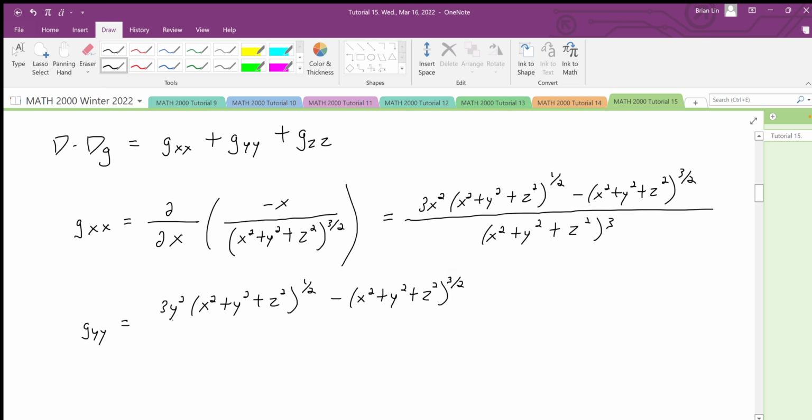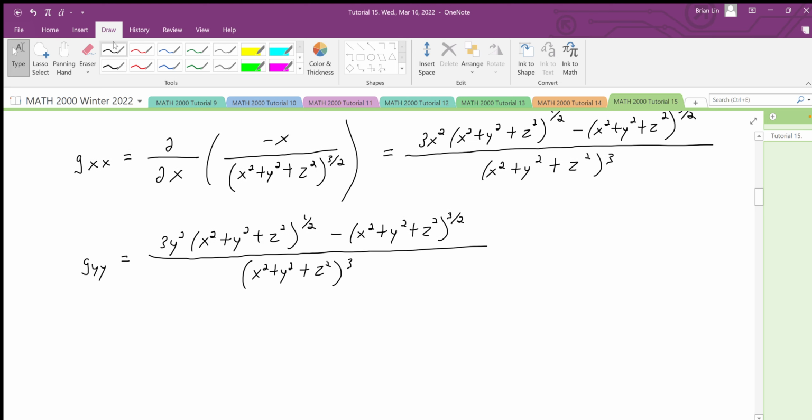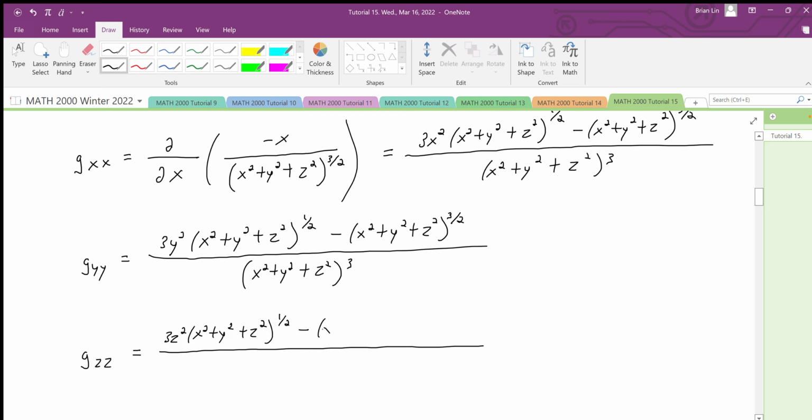And I divide. And then for gzz, all over the bottom squared.